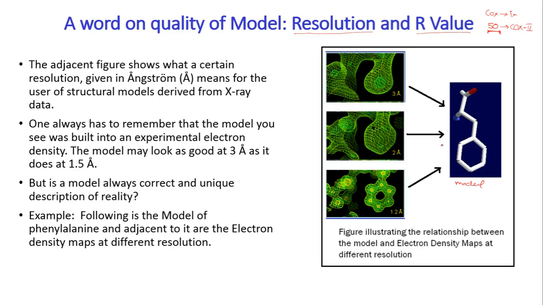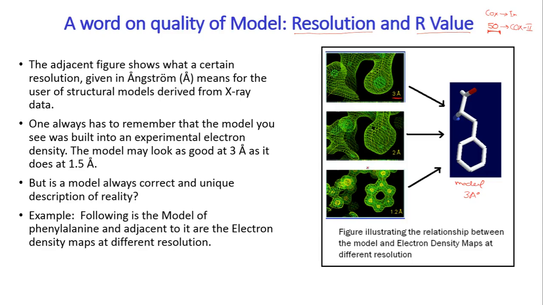When we say that I have downloaded a model with 3 Angstrom resolution, that eventually means you have downloaded a model that has been created by fitting into an electron density map with a resolution of 3 Angstrom. The electron density map might look something like this. If the model has been created on the basis of an electron density map at 3 Angstrom resolution, this is how the map would look.